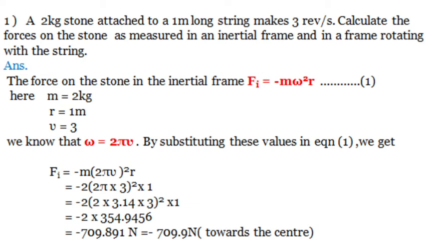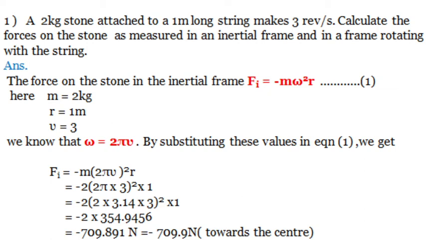M is given as 2 kg and r is 1 meter, and here data is given that it makes 3 revolutions per second. It is the number of revolutions per second, which is the frequency. Okay, that's why I denote it as nu is equal to 3. Number of rotations per second or number of revolutions per second is the frequency. So I know that the angular velocity can be expressed in terms of this frequency.